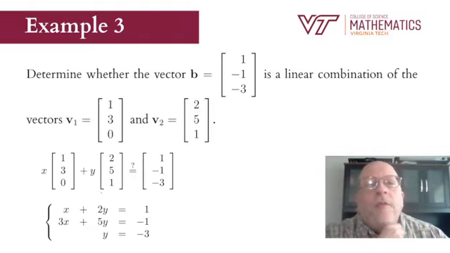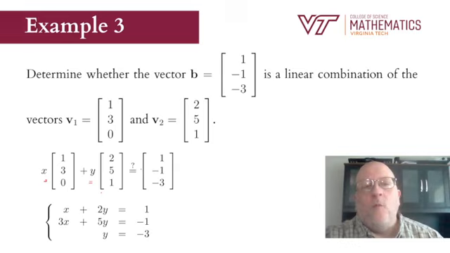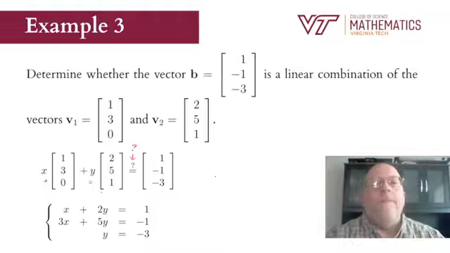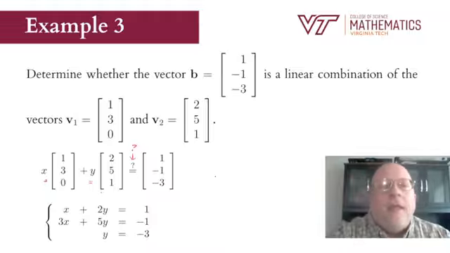What we want to know then is there a weight such that if I multiply (1, 3, 0) by the first weight, and then a second weight, multiply (2, 5, 1) by the second weight, and then combine them together, does that combination add up to (1, -1, 3)? Is this possible? That's where the question mark comes in. If I can figure out an x and a y that make this work, then we have a linear combination.